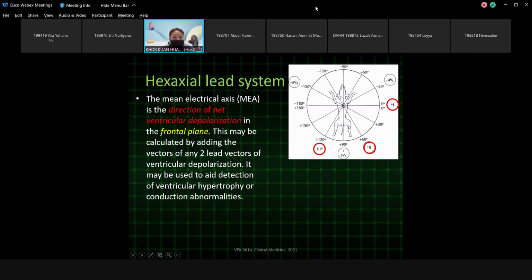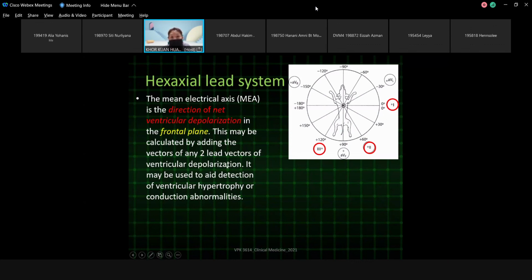The mean electrical axis is the direction of the net ventricular depolarization. Here is the atrium, here is the ventricle, in the frontal plane. This can be calculated by adding the vectors of any two leads of the ventricular depolarization. It can be used to aid detection of ventricular hypertrophy or conduction abnormality.